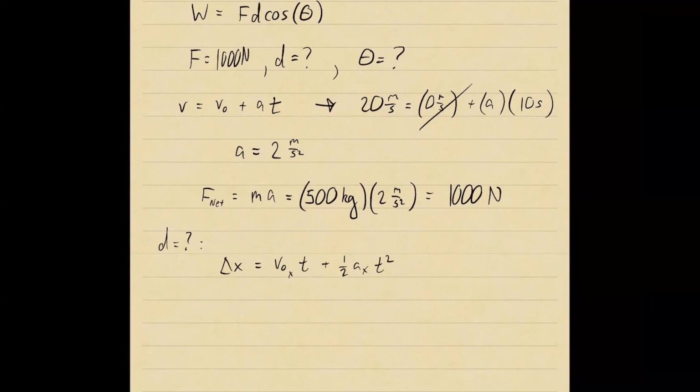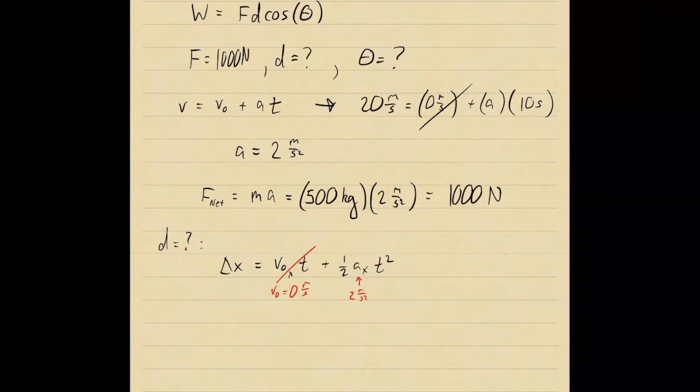But our initial velocity is 0, because this thing starts from rest. And this acceleration is just 2 meters per second squared, which we found earlier. And we know all this happens in 10 seconds.